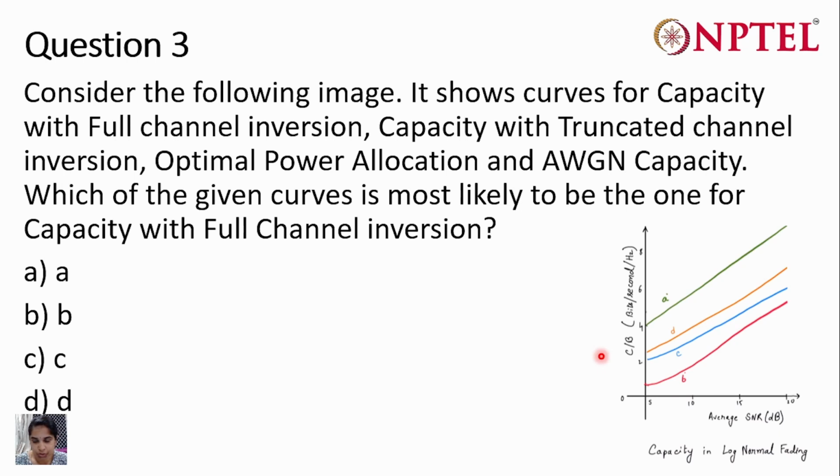Consider the following image. It shows the curves for capacity with full channel inversion, capacity with truncated channel inversion, optimal power allocation, and AWGN capacity. Which of the given curves is most likely to be the one for capacity with full channel inversion?